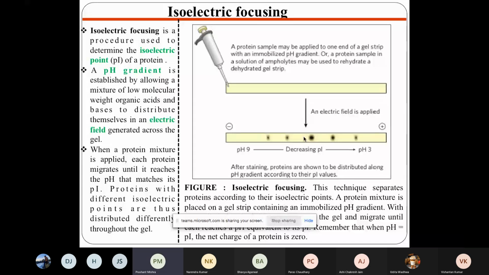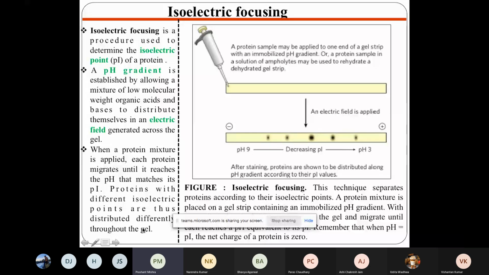So a pH gradient you have established, which allows the mixture of the low molecular weight organic acids and bases to be distributed. The one which is creating the gradient is basically low molecular weight organic acids and bases. And what you have done is that you have applied the electrical field, and then you applied the protein mixture as you have seen here, and then you get the separation.